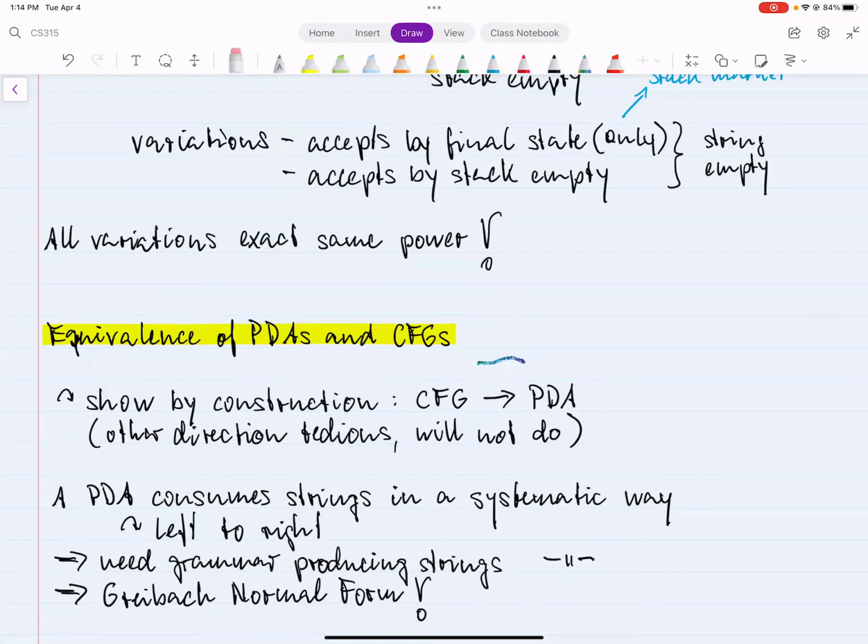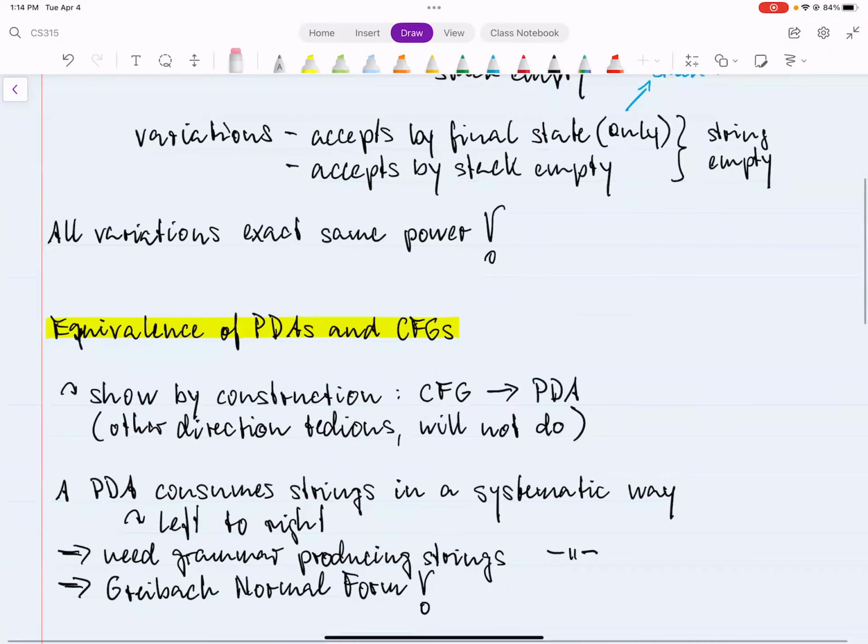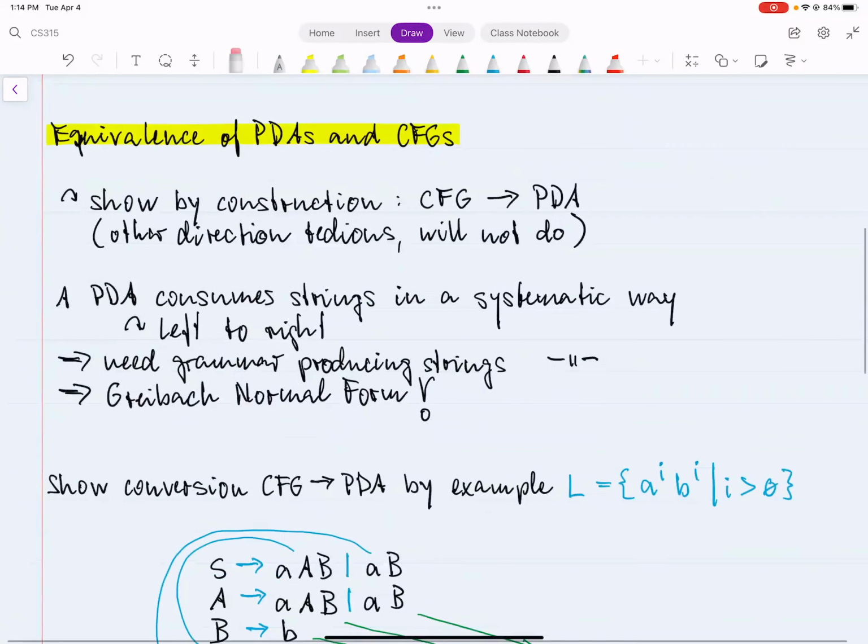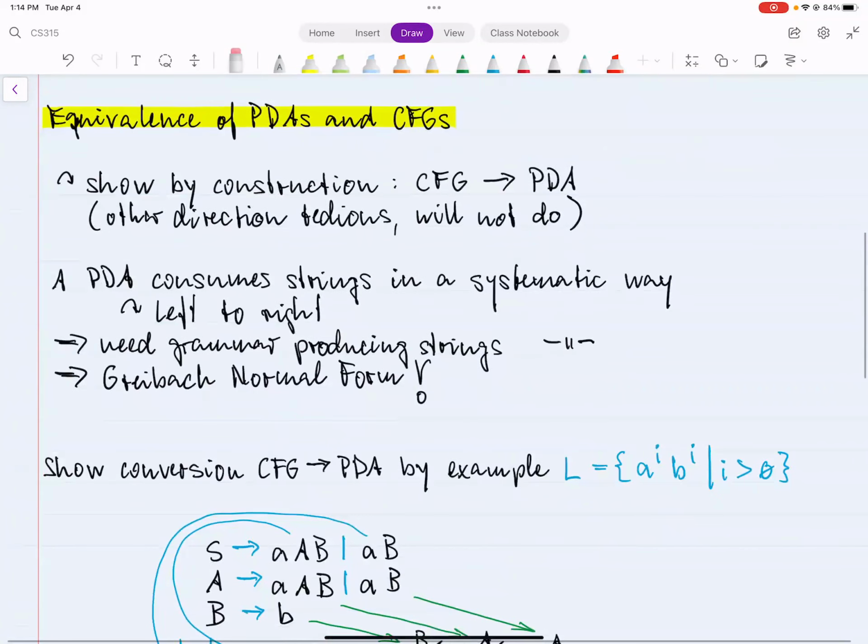However, we're going to show just that one direction and be content with it. The other direction is too complicated and very technical and not very interesting either, so we're not going to do that, okay?